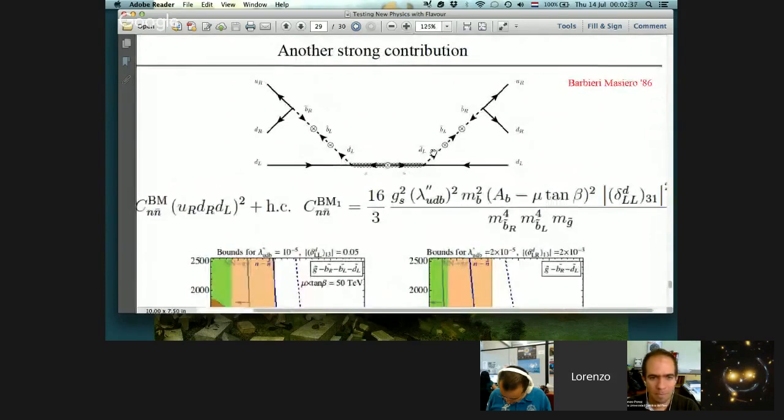In this case, you have the flavor violation among left-handed squarks, and you need a left-right chirality flip. It's a different contribution, because different supersymmetric parameters are involved, and you end up with a different operator involving two left-handed down quarks.